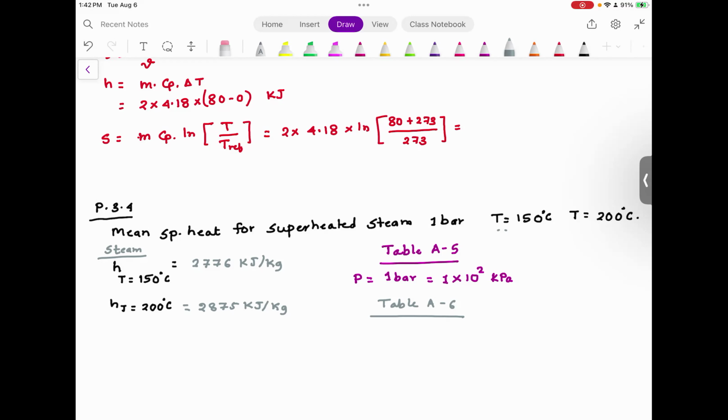Can you see 30,000 bar, 25,000 bar, 20,000 bar, 15,000 bar, all the way to a line of 1 bar? So you track the line for 1 bar and then see where it intersects the temperature 150, and then draw a horizontal line, and that would give you the enthalpy.